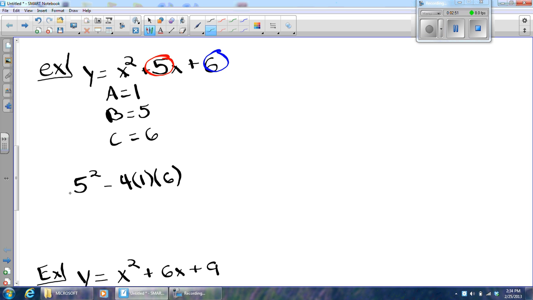So when we evaluate this, we get this all equals 1. Since 1 is greater than 0, we will have 2 solutions.